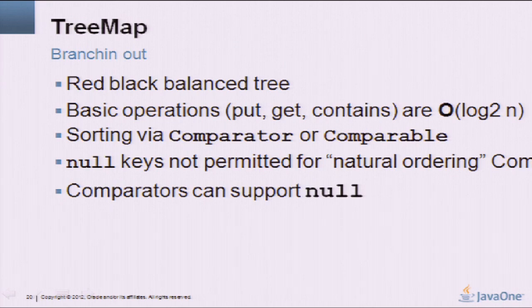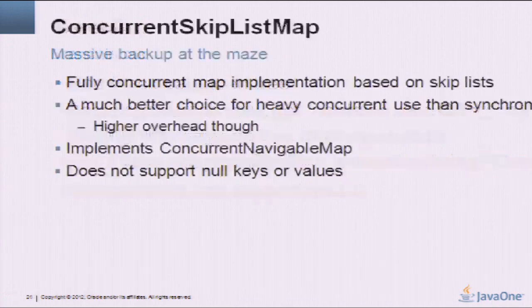If you use it in the default sorting order, which sorts the items in the map according to the comparable interface, which is the compareTo method, you're not allowed to use null because it's unspecified as to where null would fit in the sorting order. If you provide your own comparator function that handles null, then in fact you can use null in the keys for a tree map. But it is kind of odd for some people that sometimes you can use null, sometimes you can't with this particular class.